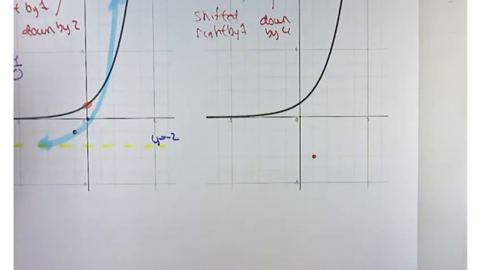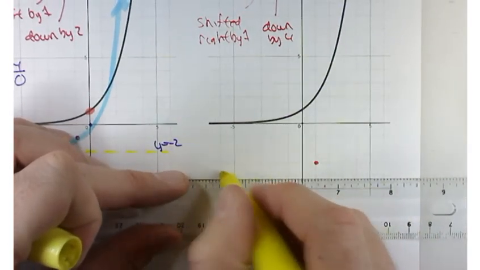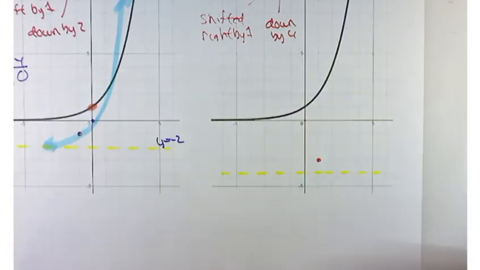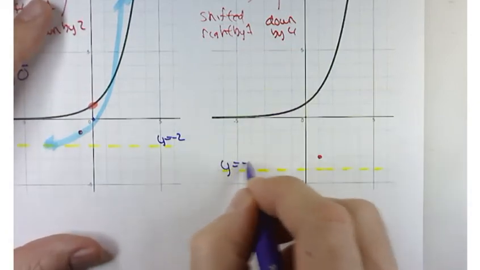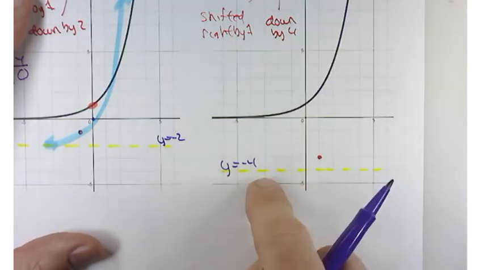That puts that point there. Let's also draw in our new horizontal asymptote. So right here at y equals negative 4. So I got those two. And basically I just have to sketch this curve down here.